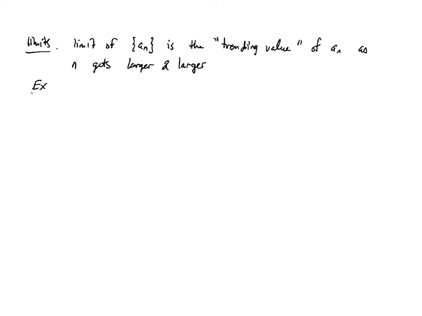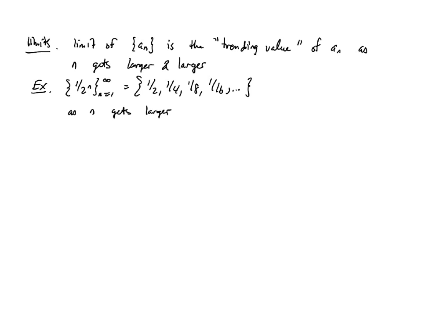For example, the sequence that we started with, 1 over 2^n, where n equals 1 to infinity. That's the sequence 1/2, 1/4, 1/8, 1/16, and so on. As n gets larger and larger, the value of the term 1 over 2^n gets closer and closer to 0.